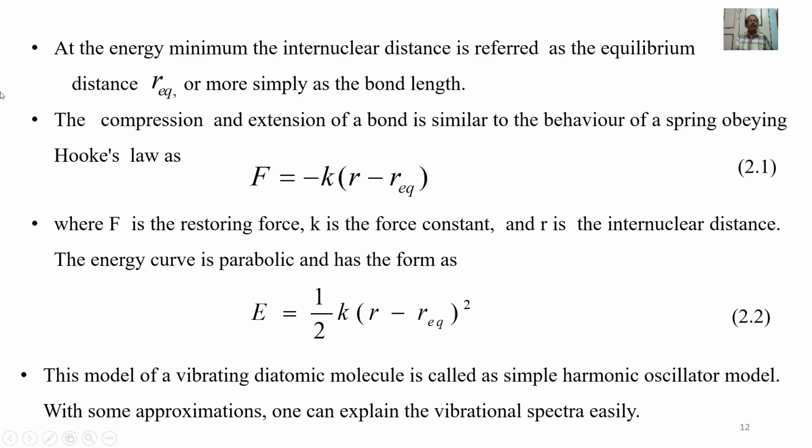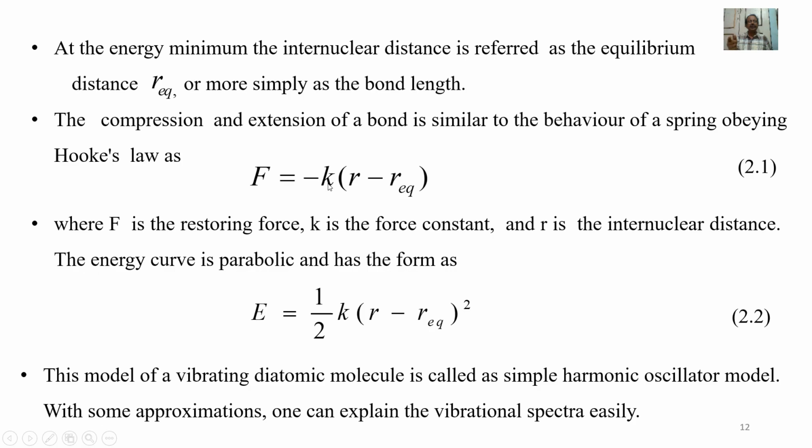At the energy minimum, the internuclear distance is referred to as the equilibrium distance, which we call R eq, or more simply the bond length. So the equilibrium distance is nothing but the bond length, the mean distance between two atoms in a diatomic molecule. The compression and the extension of a bond is similar to the behavior of a spring obeying the law F equal to minus Kx.